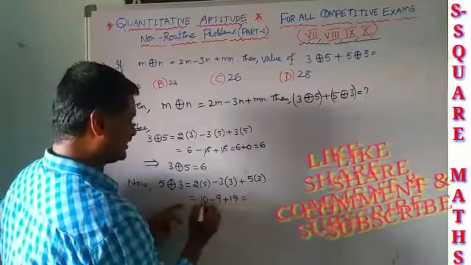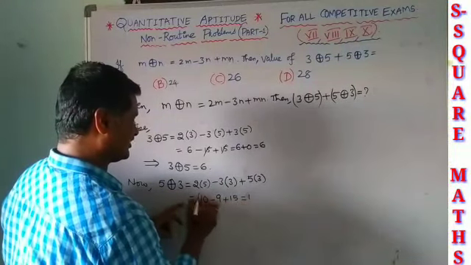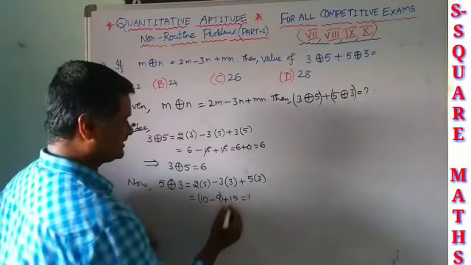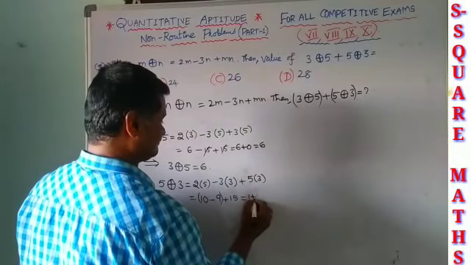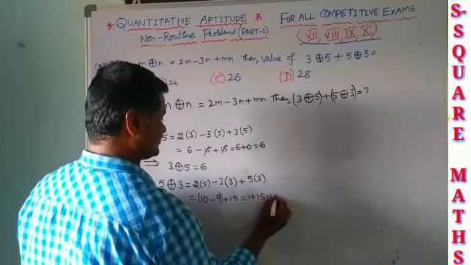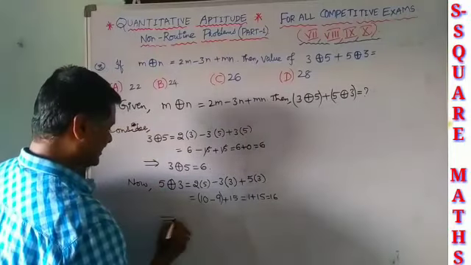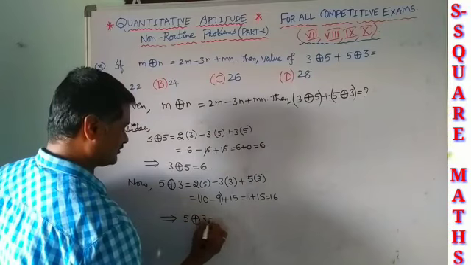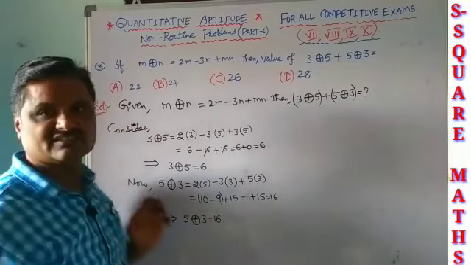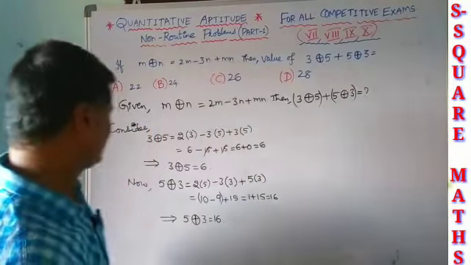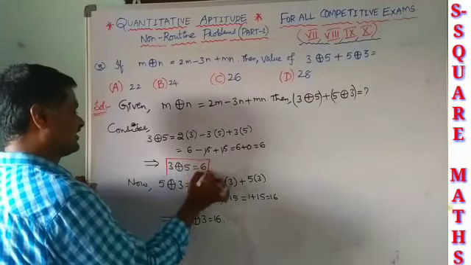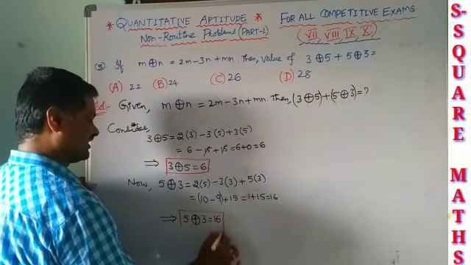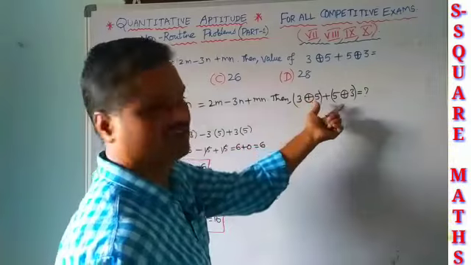This gives you 1, because 10 minus 9 is 1, plus 15. Finally it gives you 16. So this implies 5 circle plus 3 is equal to 16. This is not our final value. You have to find out the value of the whole expression.